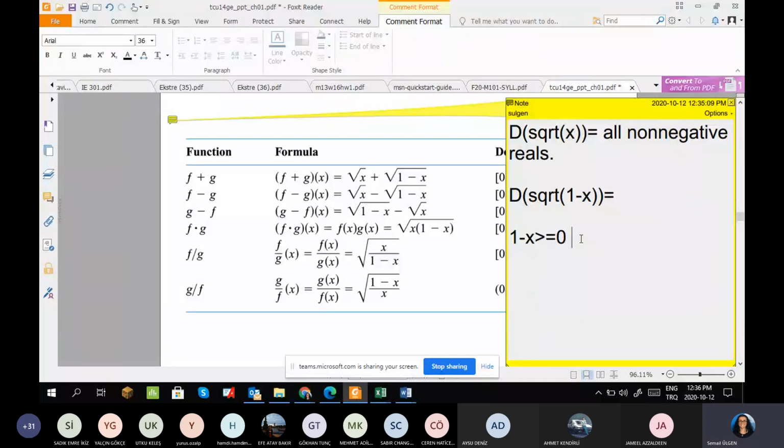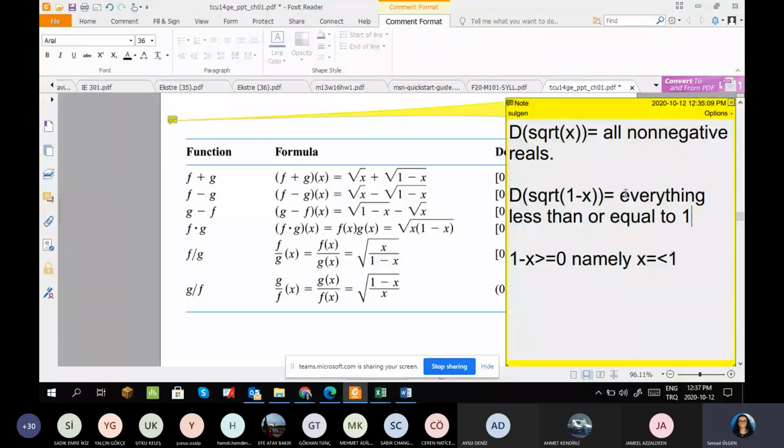So this is going to tell us that x has to be less than or equal to 1. This is the domain. So the domain is everything less than or equal to 1.